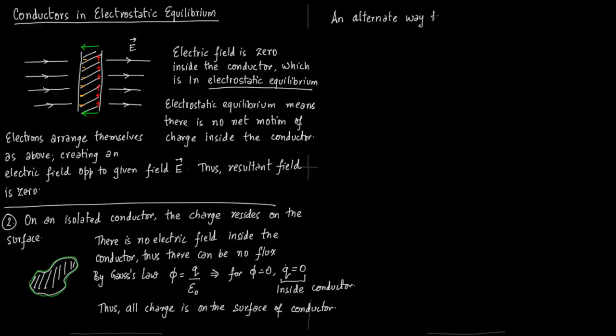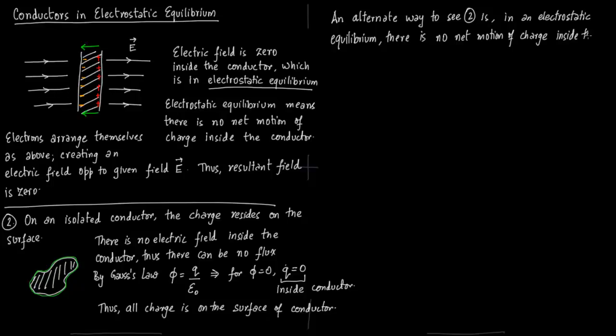Now another way to see point number 2 is that if there is electrostatic equilibrium, then there is no net motion of charge. That is the definition of electrostatic equilibrium. There is no net motion of charge inside the conductor. Now if there is no net motion of charge, the potential difference between 2 points is always zero.